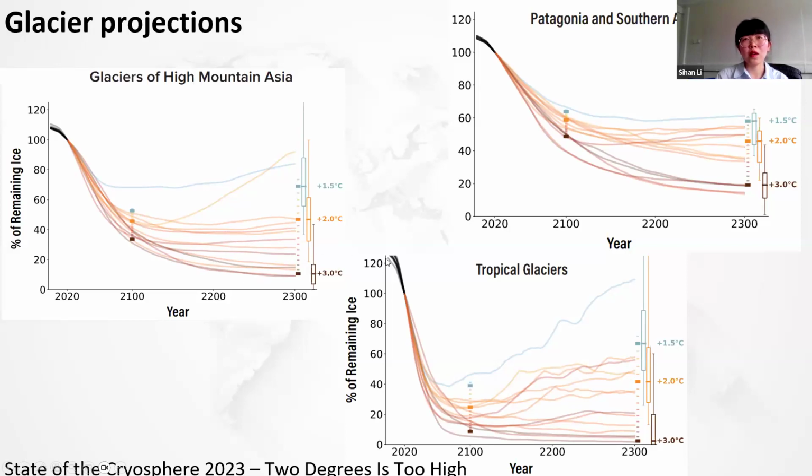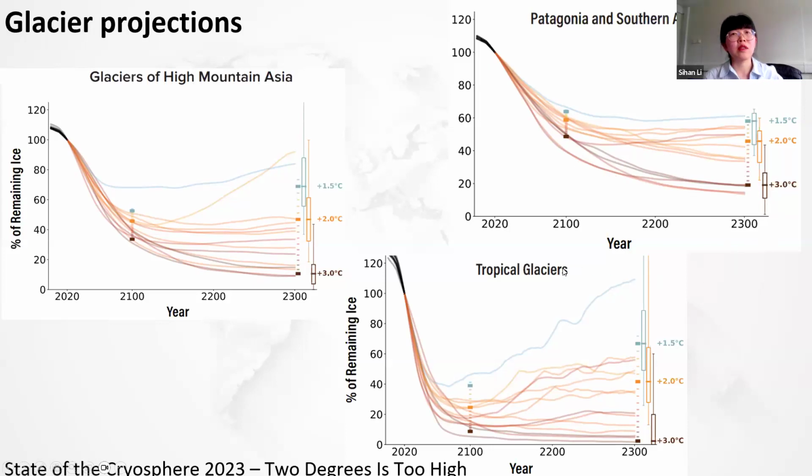Whereas glaciers of Patagonia and the southern Andes, which have some of the fastest receding glaciers in the world, models are showing that the loss will slow down and will preserve about 50% of the current ice volume by 2300, but we'll lose more if we keep warming the planet to 3 degrees Celsius.